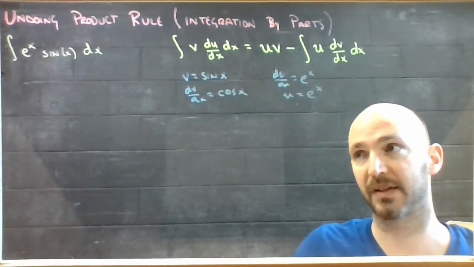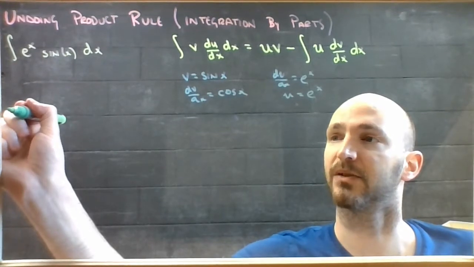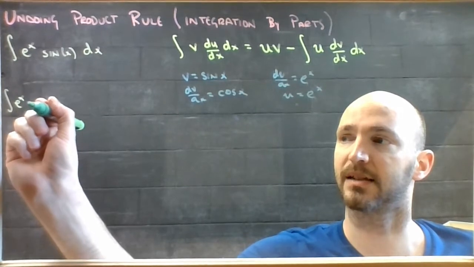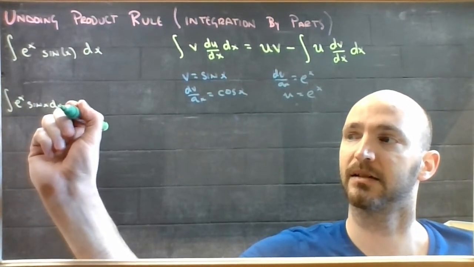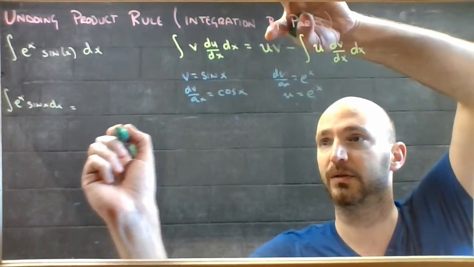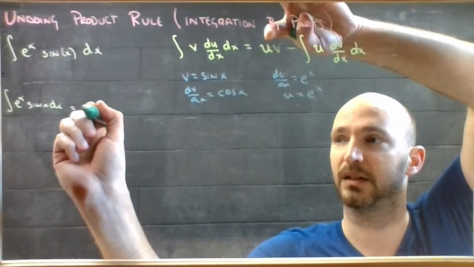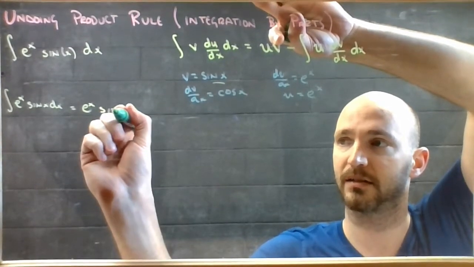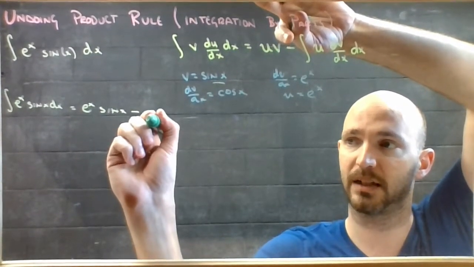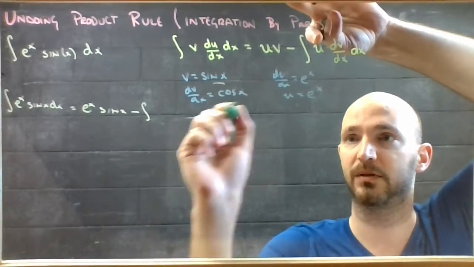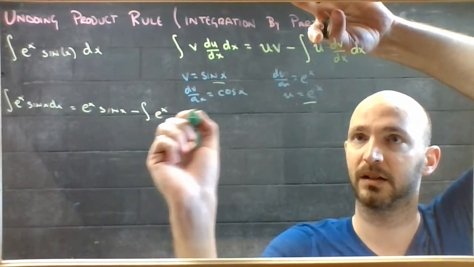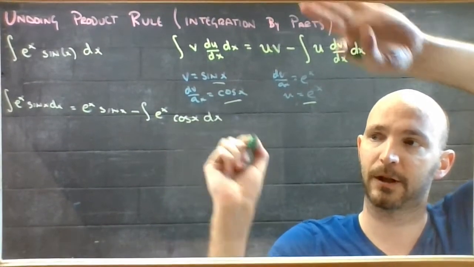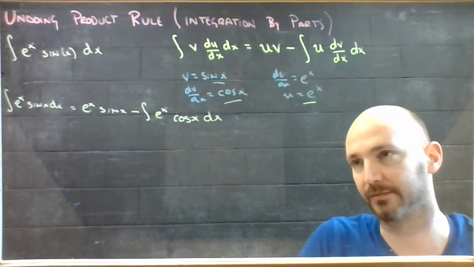So if I fill all those puzzle pieces in, I get the integral of e to the x sine x dx equals u, which is here, e to the x, v, which is here, sine x, subtract the integral of u, which is here, and dv dx, which is here. All right, good.